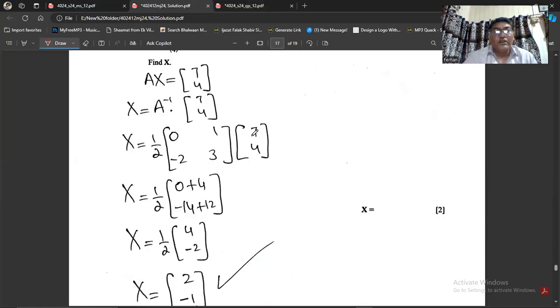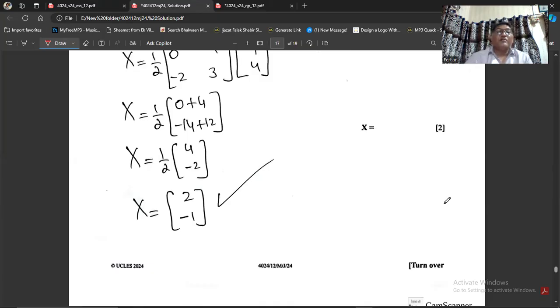So this row will multiply with this column, and then this row will multiply with this column. So it will be 0 plus 4 in the first row, and -14 plus 12 in the second. So you will have 1 by 2 outside. Here you will have 4, and here you have -2. This 1 by 2 will multiply with both of them. So 1 by 2 multiplied by 4, the answer will be 2, and 1 by 2 multiplied by -2, the answer will be -1.